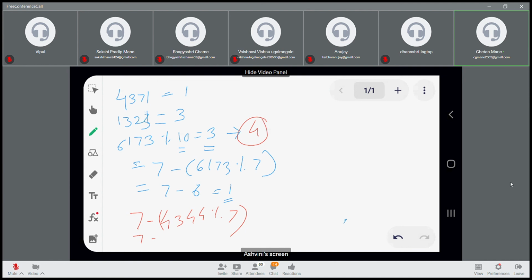So 7 minus 4 is 3. Now the actual index is 4, so after 4 you need to take 3 jumps. So 5, 6, 7, so at index 7 you can place number 4344. Got this?